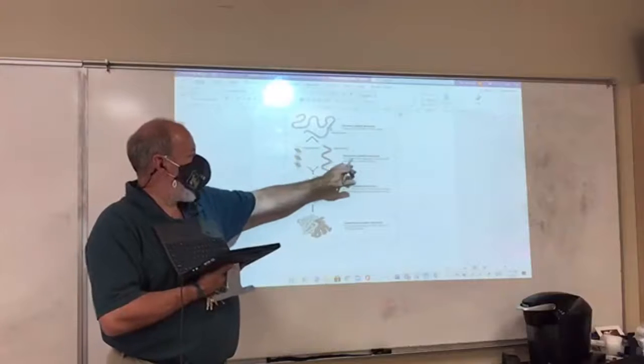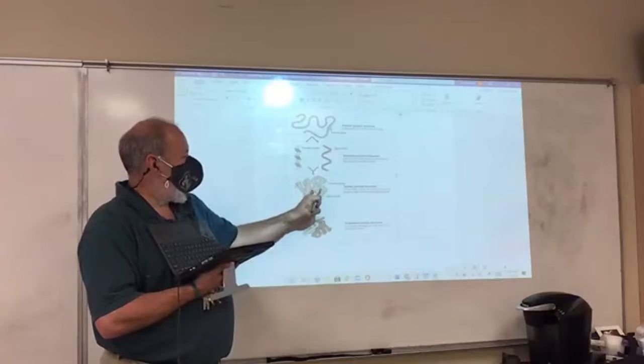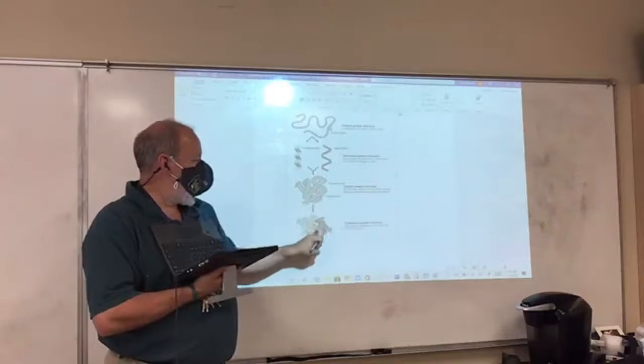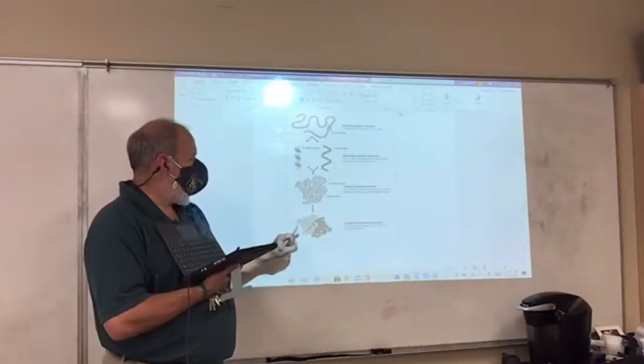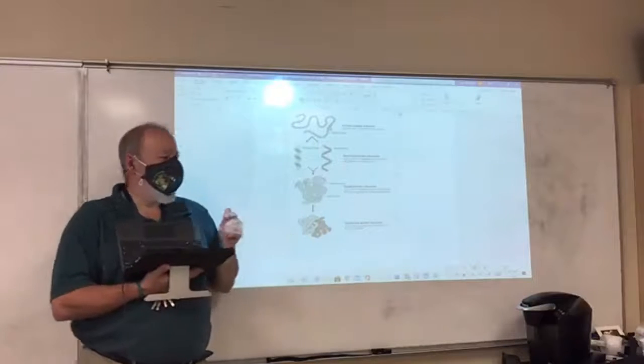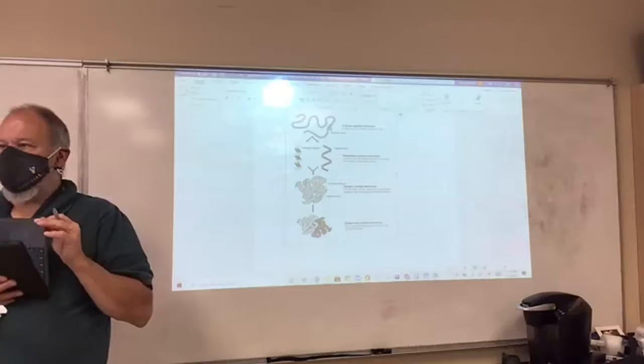The pleated sheets in the alpha helix is a secondary structure. If I attach secondary structures together, I get the tertiary structure. And if I attach tertiary structures together, I get the quaternary structure. Like I said, I'll mix these pictures up and I'll mix the descriptions up, and you'll just have to match them. Okay, any questions about this test?